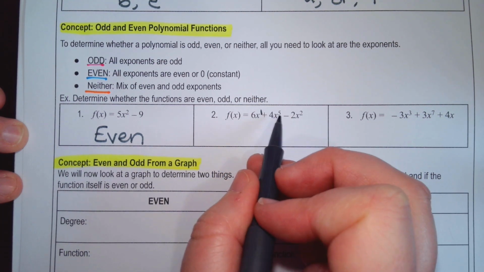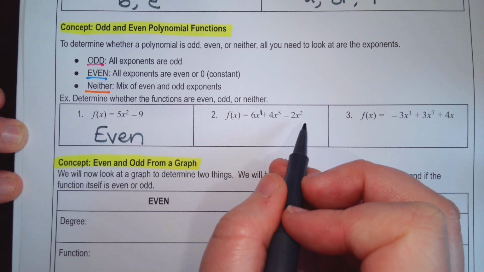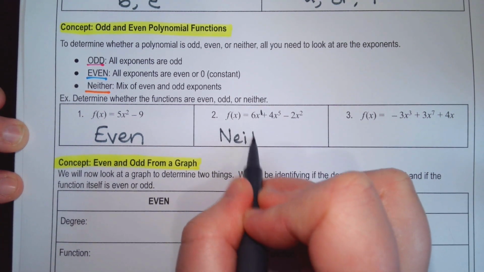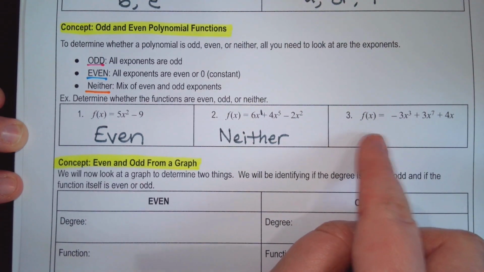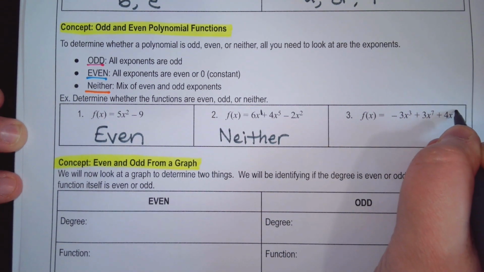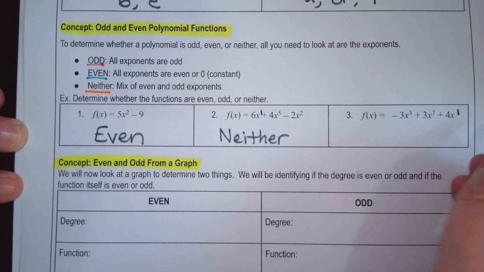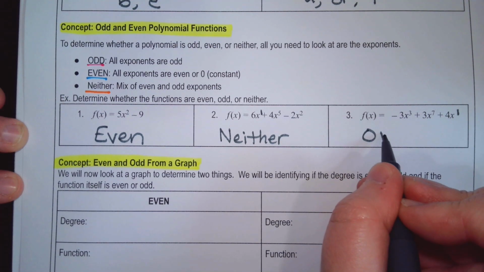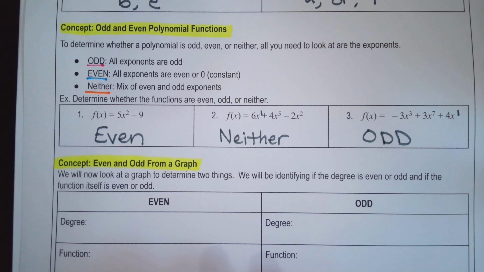Well, 1 and 5 are odd, but the 2 is even, so we have a mix of even and odd. This means this is neither even nor odd. Finally, the third one, we have for our exponents a 3, a 7, and this last one here is a 1. So 3, 7, and 1 are all odd exponents, so this function is odd. That is how to determine even or odd from a polynomial function.